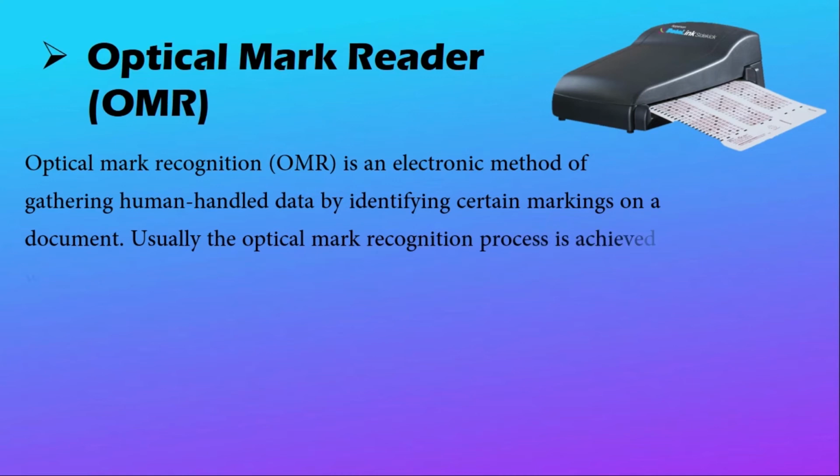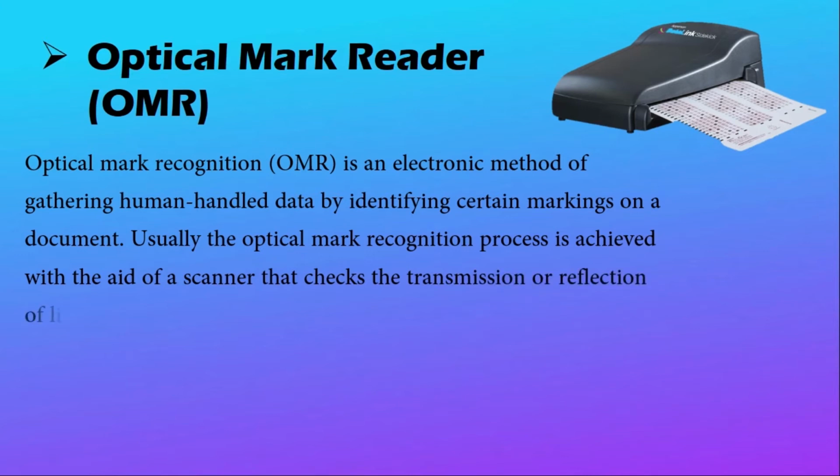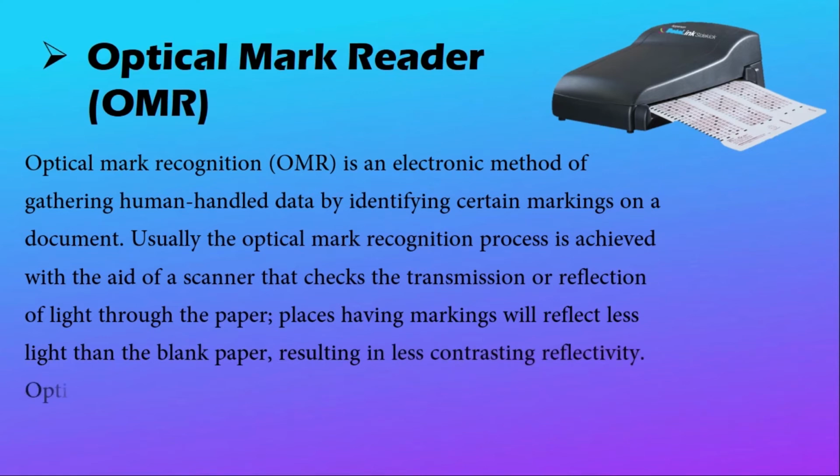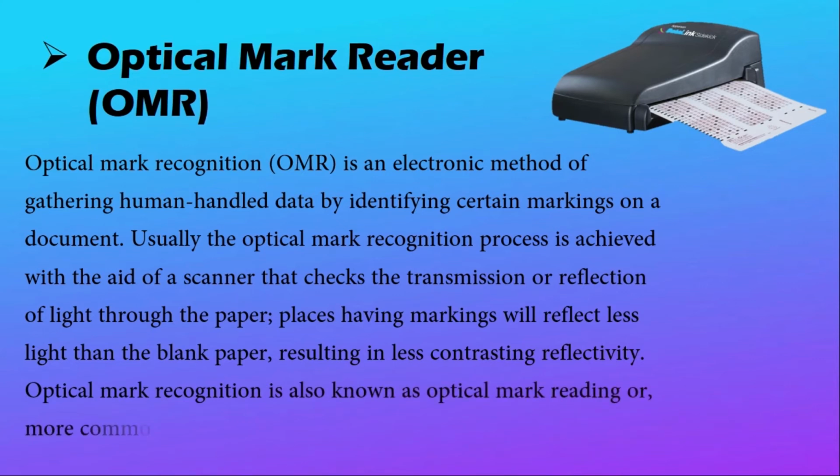Usually the optical mark recognition process is achieved with the aid of a scanner that checks the transmission or reflection of light through the paper. Places that have markings will reflect less light than the plain paper, resulting in less contrasting reflectivity. Optical mark recognition is also known as optical mark reading, or commonly by the brand name Scantron.